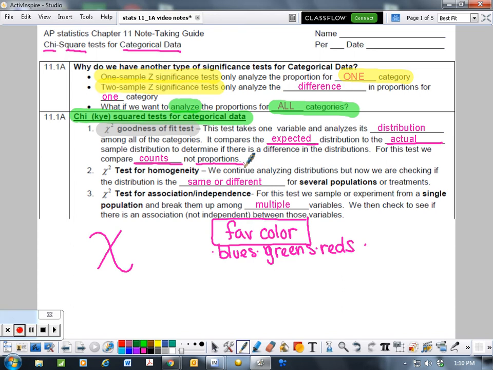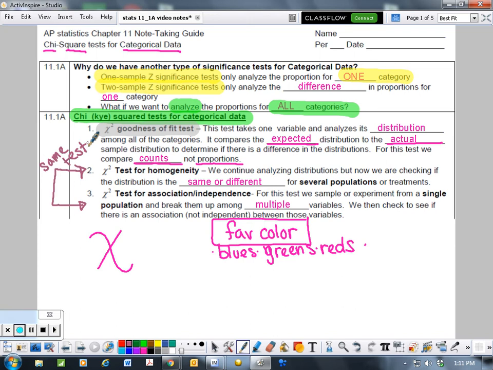Now our next ones are the chi-squared test for homogeneity and the chi-squared test for association or independence, depending on how you word it. These are the exact same test. What is different is how we get the data, so how we sample from our populations.